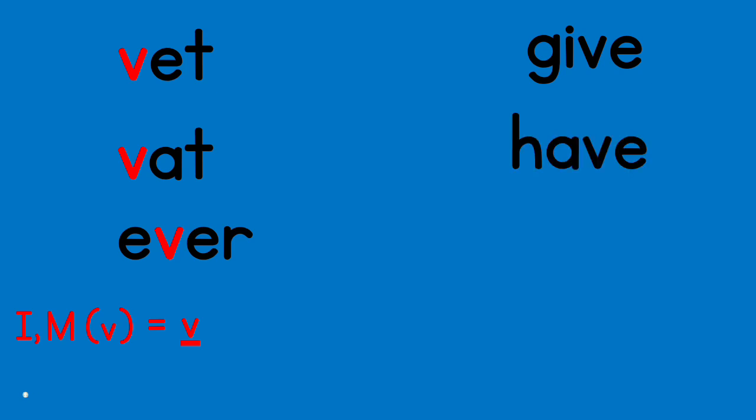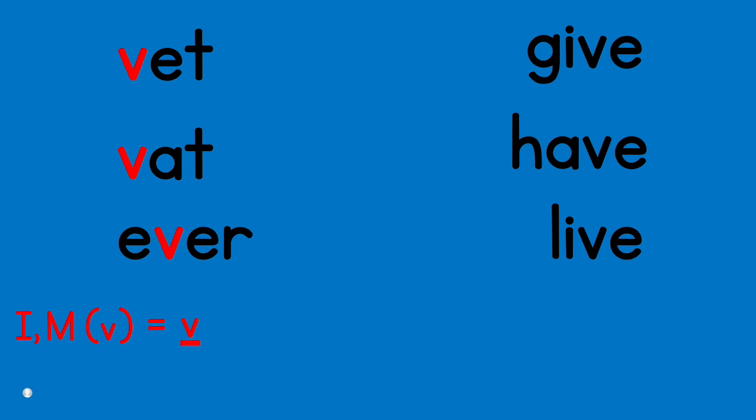Watch and listen as I write some more words. Give, have. Listen as I read the words in the second column. Listen for the sounds in the final position. Give, have, live.